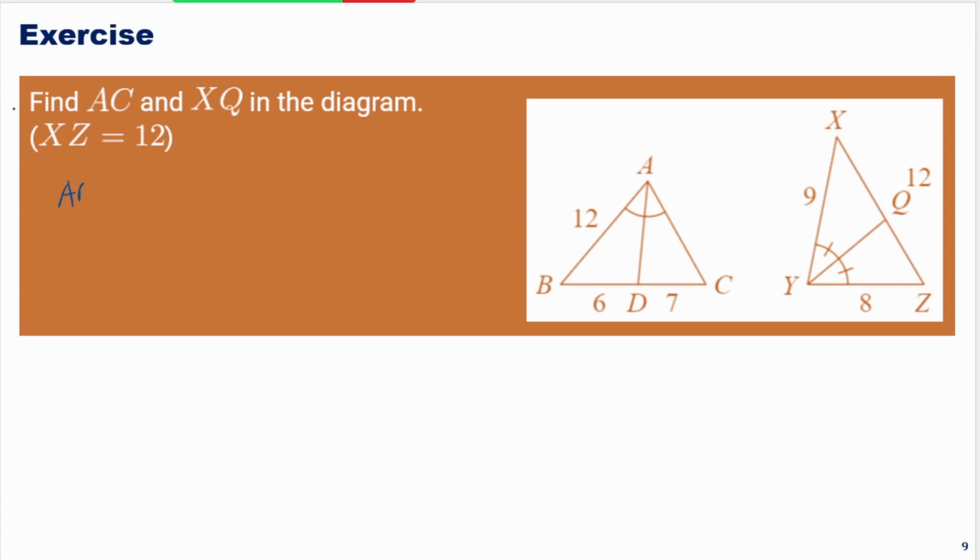We have AB over BD equals AC over CD, right? Because as you can see here, this angle equals that angle. And this gives us 12 over 6 equals AC over 7. Therefore, AC equals 14, right?